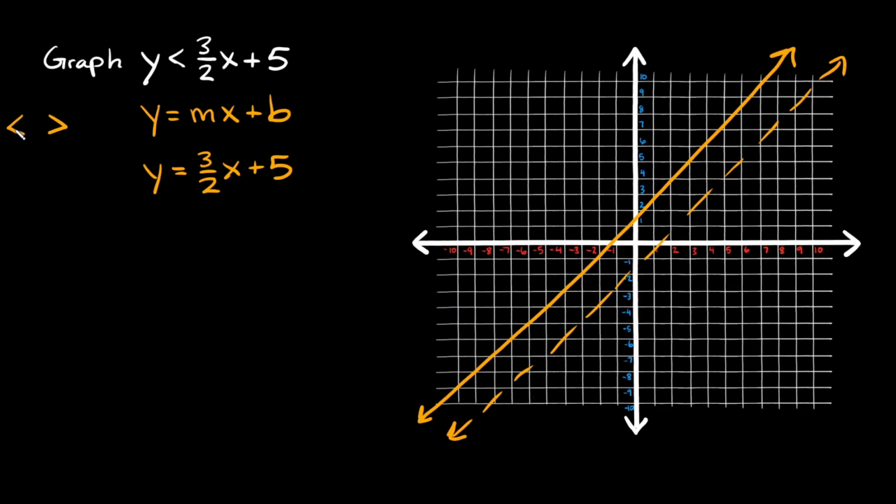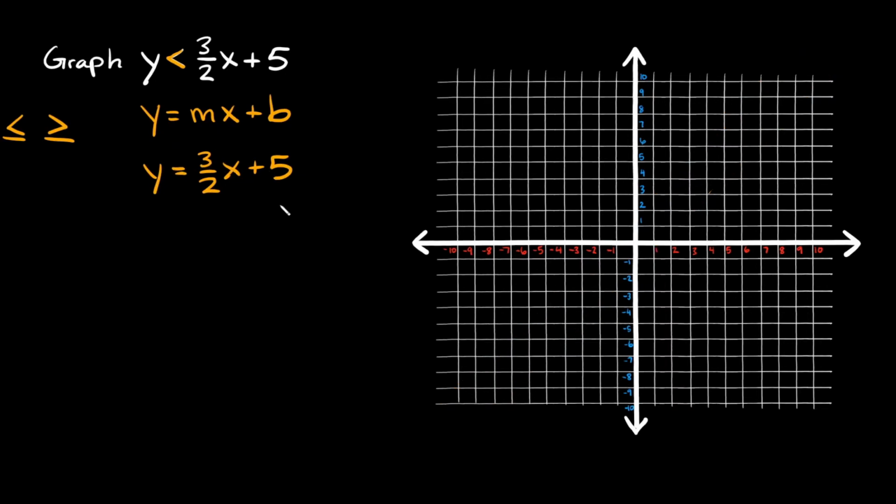But if you have a less than or equal to, or a greater than or equal to, if there's an equal to thing attached to it, then you use a solid line. So in this case, our original inequality right here has just a less than sign, right? So that means we're going to use a dashed line when we graph our equation right here.